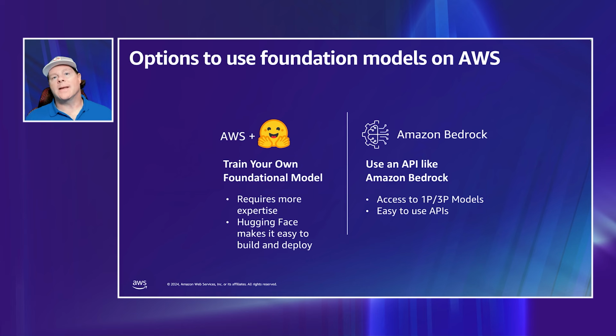Bedrock is an API where you have access to many, many third-party models and makes it really easy to integrate with your application. With Bedrock, you can also fine-tune models. You can do what's called continued pre-training and just continue to add more and more data, more and more PDFs, more and more documents, and make these models specific to your use case.